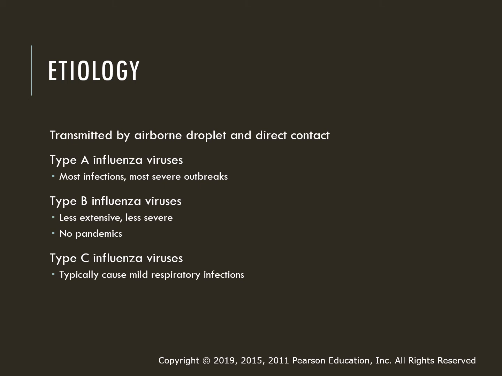Etiology, so what causes it? Influenza virus is transmitted by airborne droplet and direct contact, so we can breathe it in. Influenza A is responsible for most infections and for the most severe outbreaks of the flu. This is primarily a result of its ability to alter its surface antigens, bypassing previously developed immune defenses to the virus.